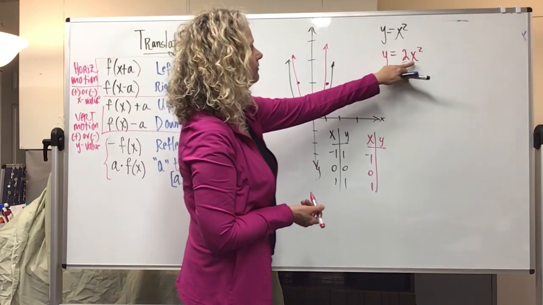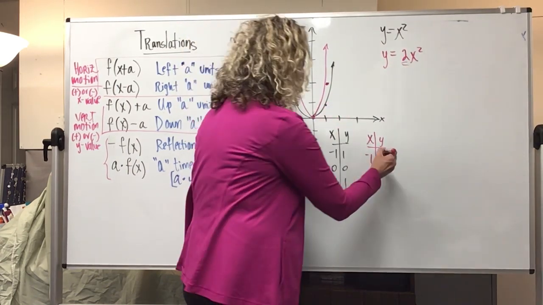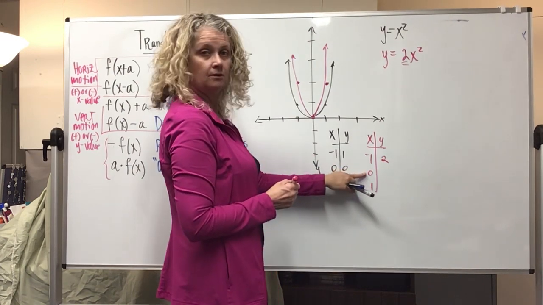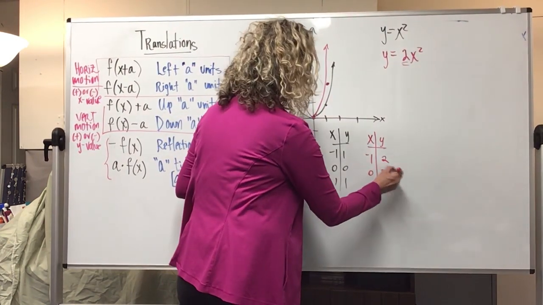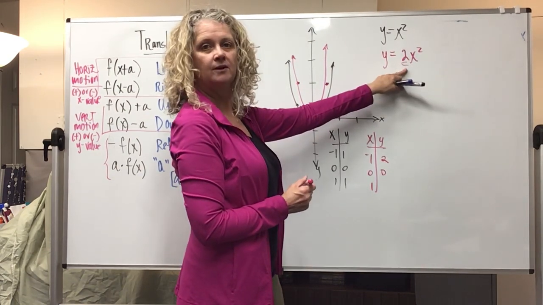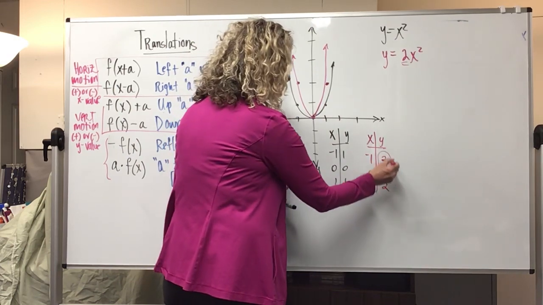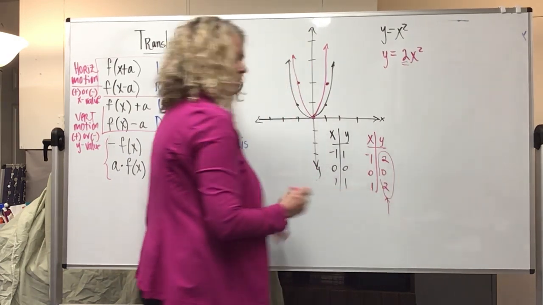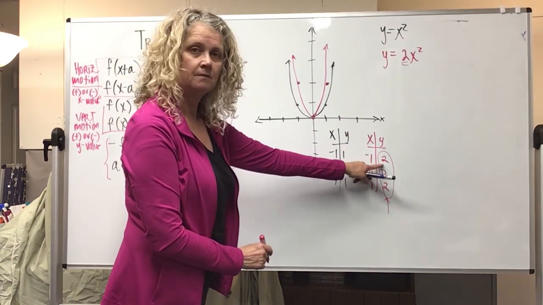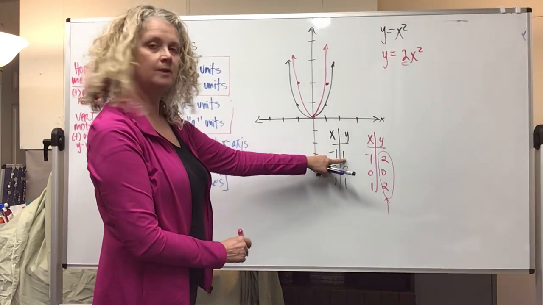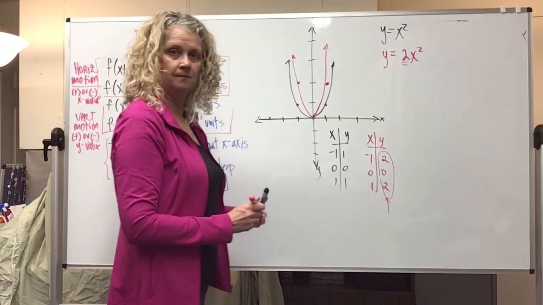So negative 1 squared is 1, 2 times 1 is 2. 0 squared is 0, 2 times 0 is 0. And 1 squared is 1, 2 times 1 is 2. So you notice here, you are affecting the y values, making them twice as steep. Looking at the parent graph, if the parent graph's y coordinate is 1, 2 times 1 is 2.